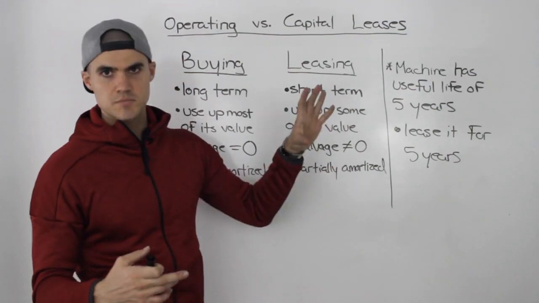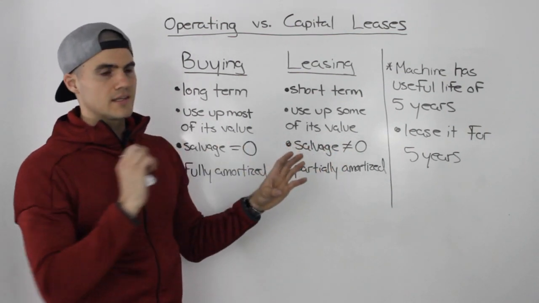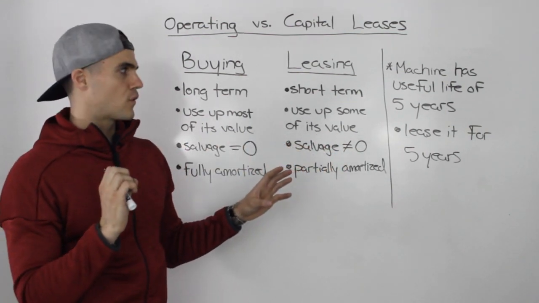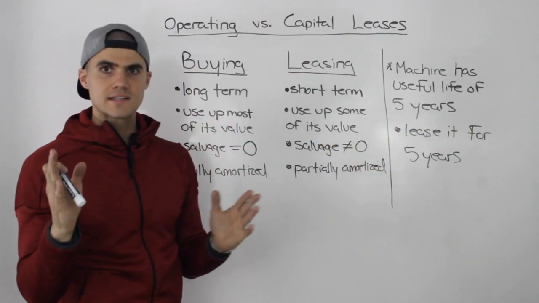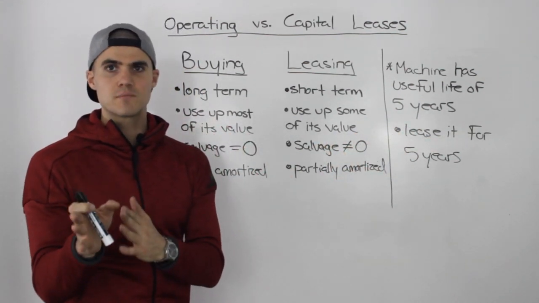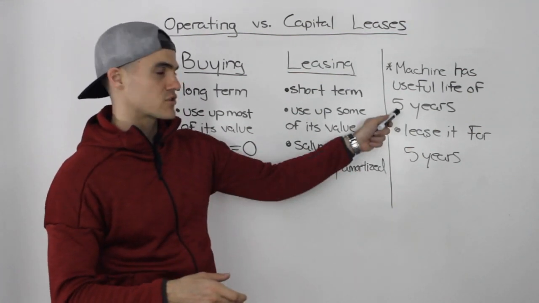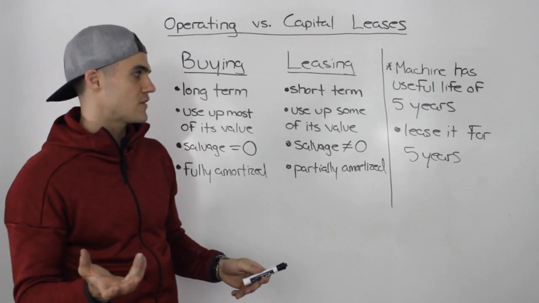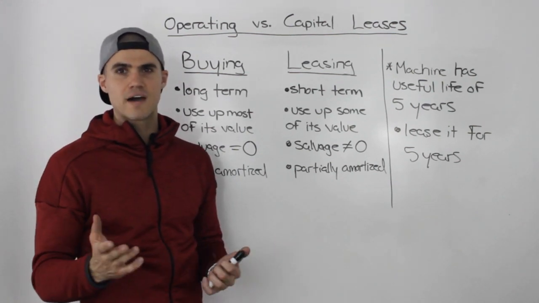So someone owns this machine, they're not using it at all, they're going to lease it to us for 5 years, its entire useful life. And then once the lease is complete, we're going to return that machine, which has a value of 0. Its useful life is only 5 years, so at the end its salvage value is 0. We're going to return it to the owner when it has a value of 0.